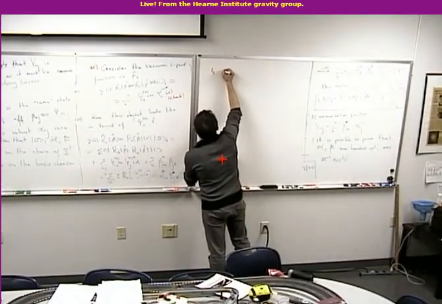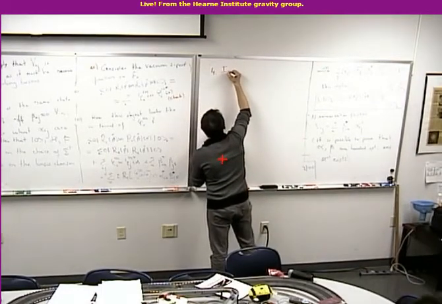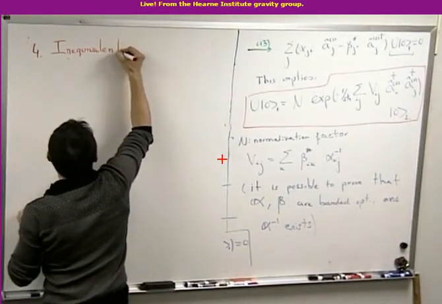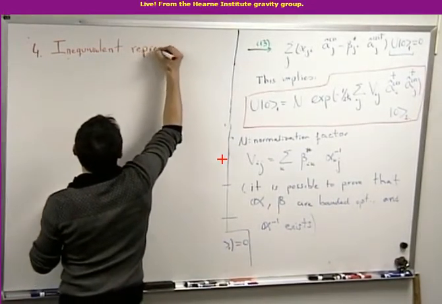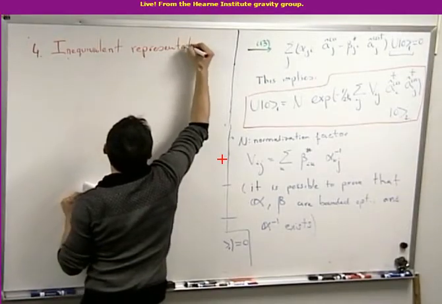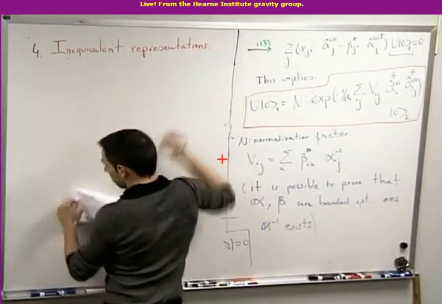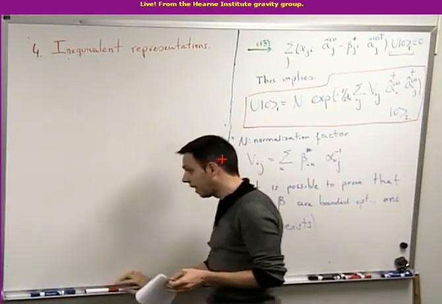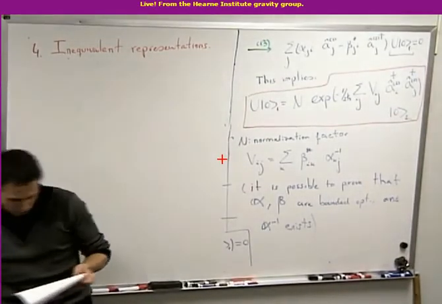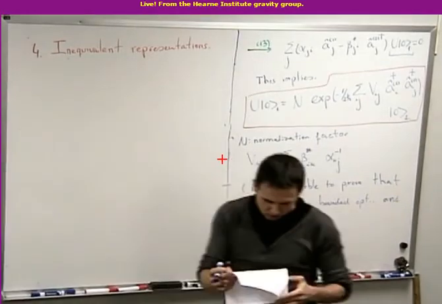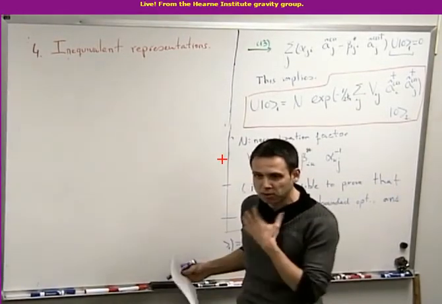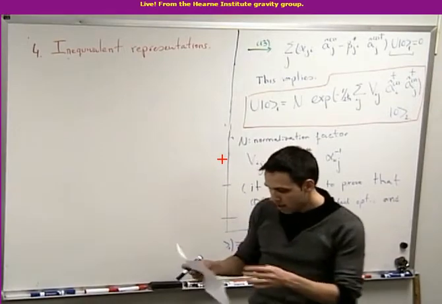So let me move to the other section and talk about inequivalent representations. As we discussed this morning, I was hesitating how much detail to give on this section, because it goes very well in the more formal chapter I want to do at the end.